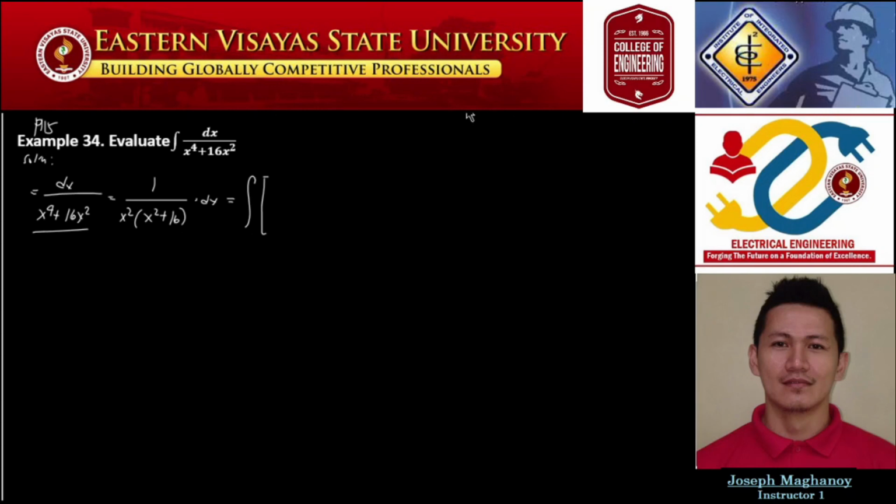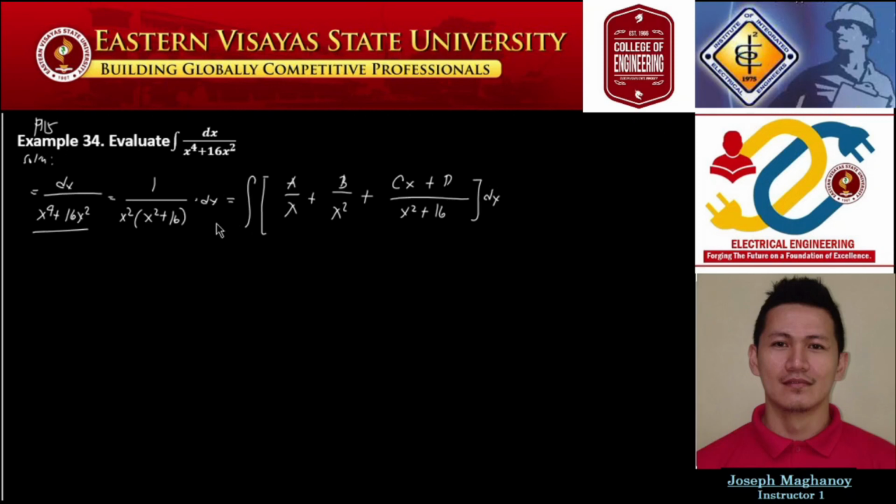So same with our case 1 and 2, we write it as A over x plus B over x squared plus, since we have only one distinct quadratic factor, we write it with cx plus d all over the distinct quadratic factor, which is x squared plus 16, dx. Okay, so we need our equation.